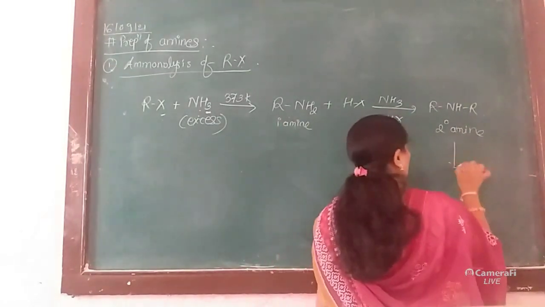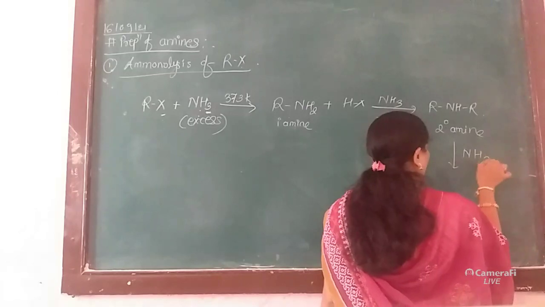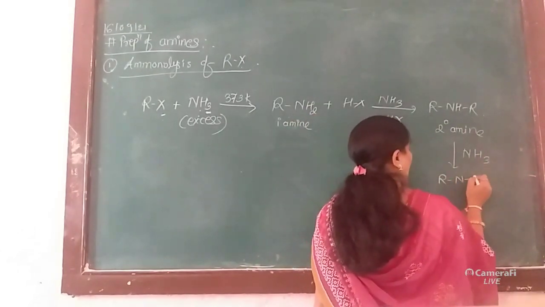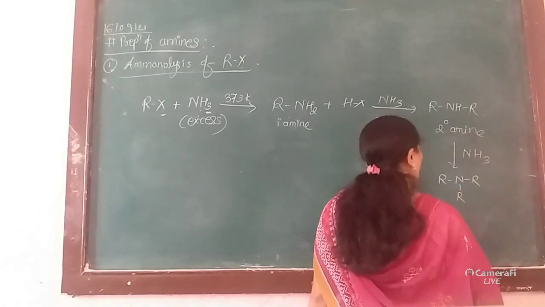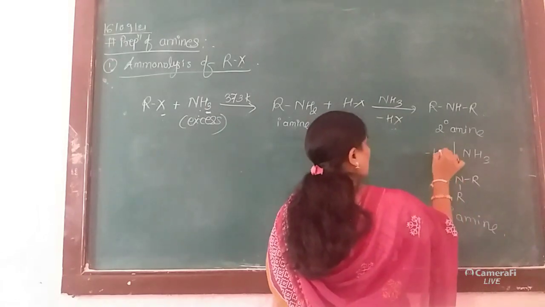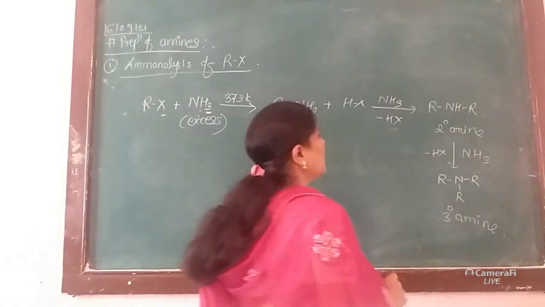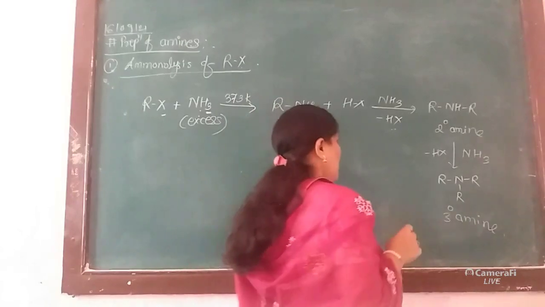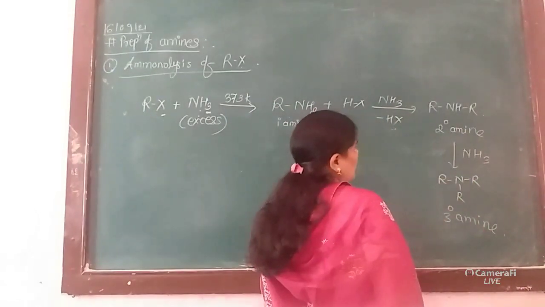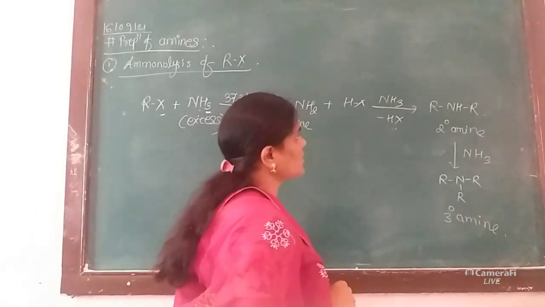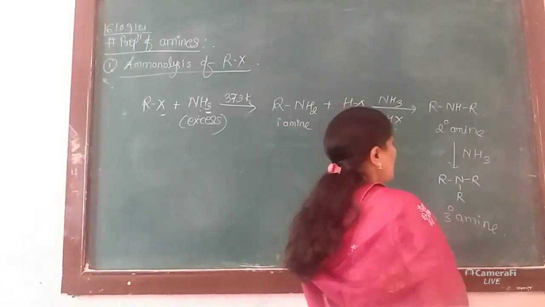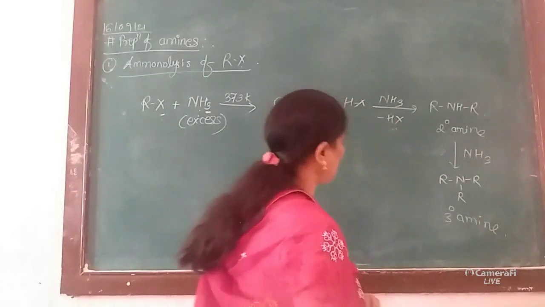Again the secondary amine reacts with ammonia, and there is a formation of tertiary amine, R3N, with the removal of HX.